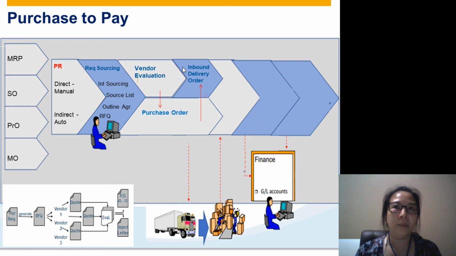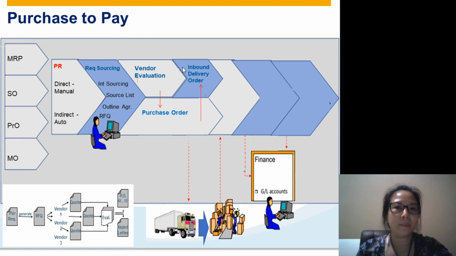But the quantity cannot be higher than what is stated in the PO. It can be less, because it might go to what we call a back order. The vendor will send it again, but the quantity cannot be higher than the PO.